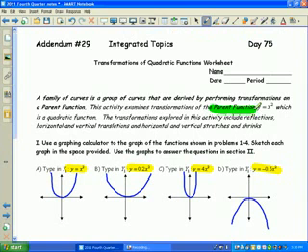A parent function is basically my starting point, the originator. Think just like a parent. You came from someone. So a family of curves is a group of curves that are derived from performing transformations on a parent function. A parent function for a quadratic function is y equals x squared.